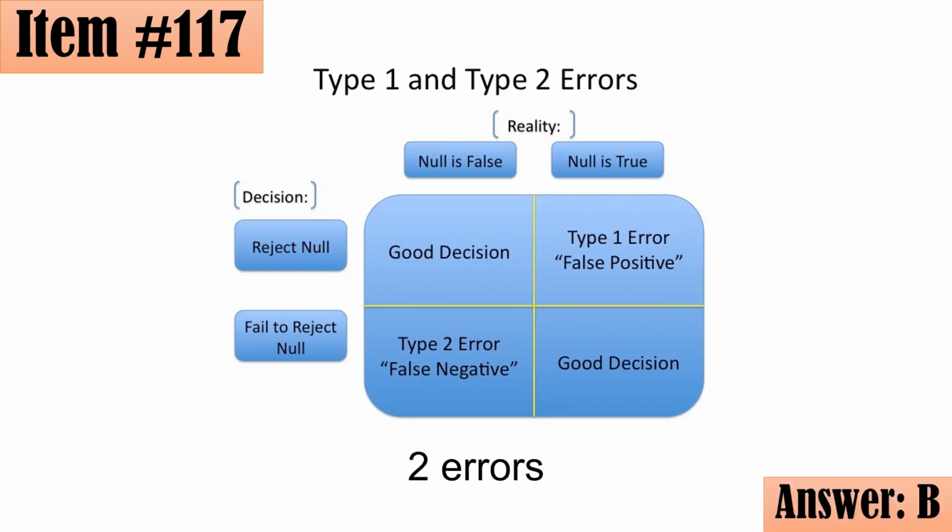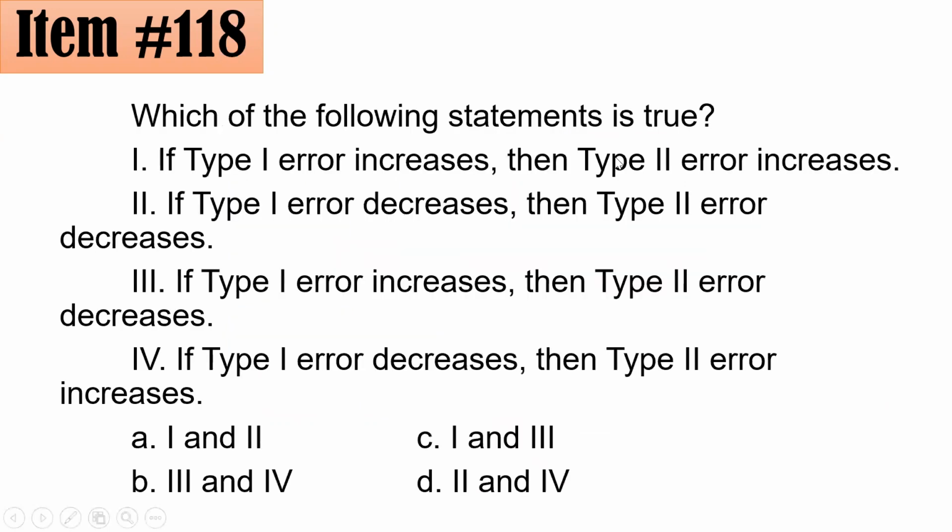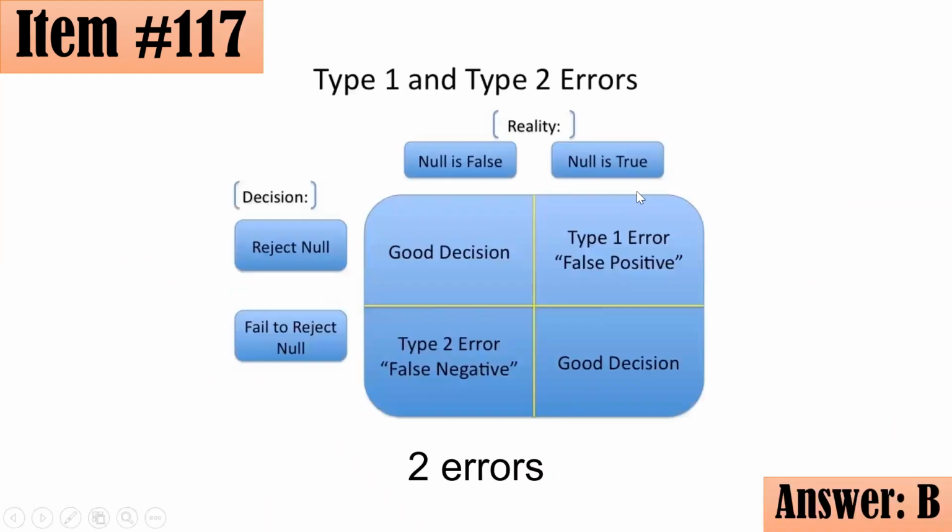Letter B. Usually, you commit a type 1 error if the null hypothesis is true. If the null hypothesis is true, but you rejected it. Imagine, you know it's right, why did you reject it? That's a type 1 error. The other type of error is when your null hypothesis is false, but you did not reject it. You know it's wrong, why didn't you reject it?